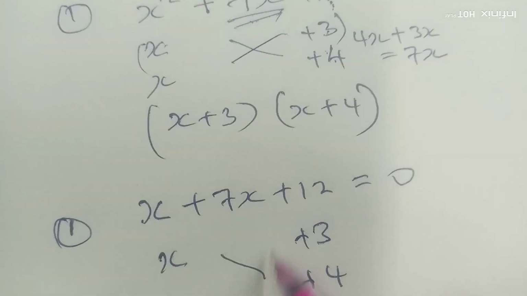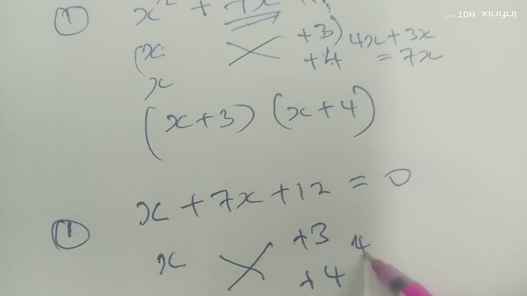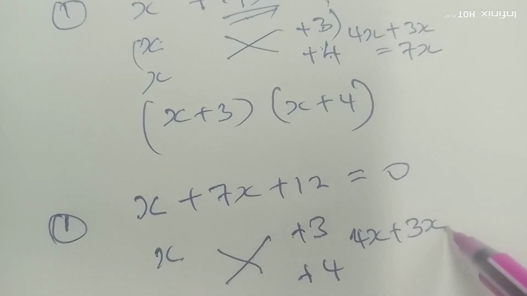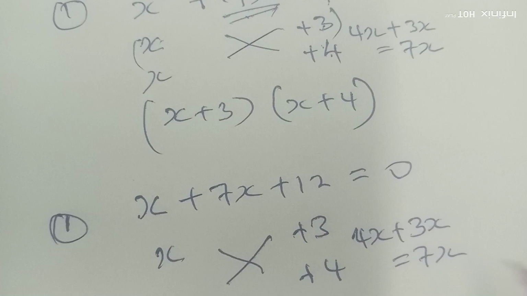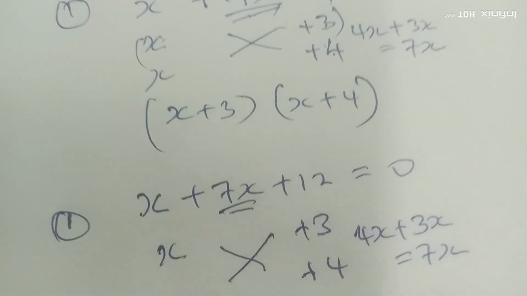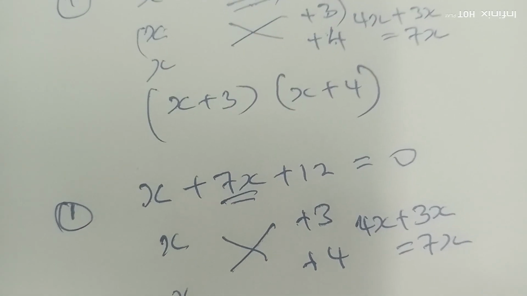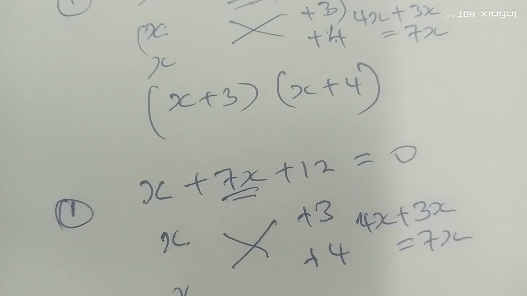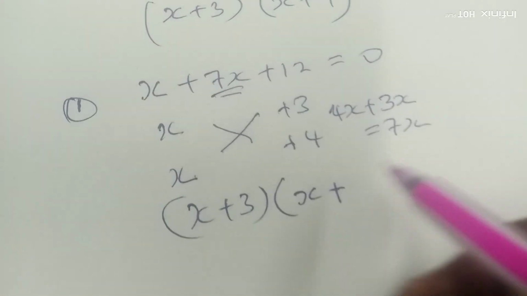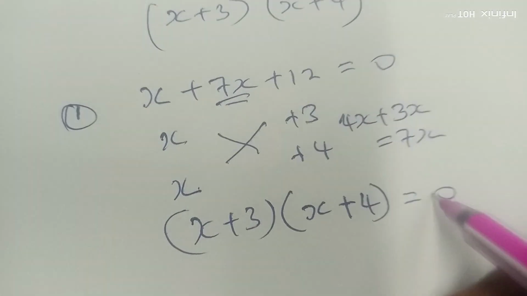And as we did, this is 4x plus 3x, which is 7x. That just confirms that we have taken the real roots. So what do we have? We have x plus 3, and the other one is x plus 4, equals 0.